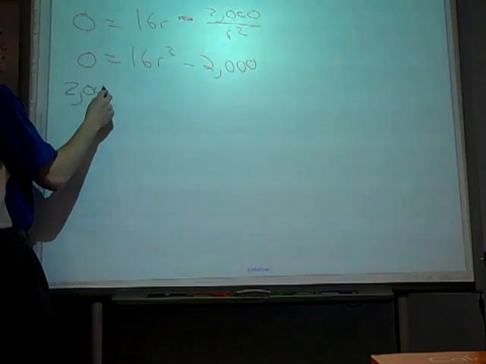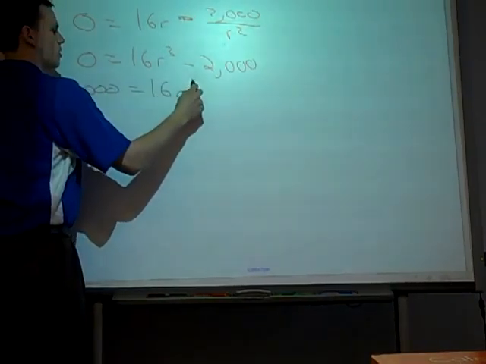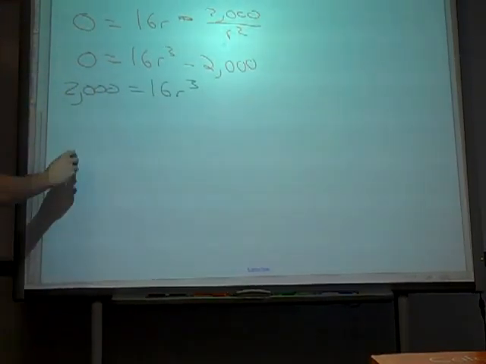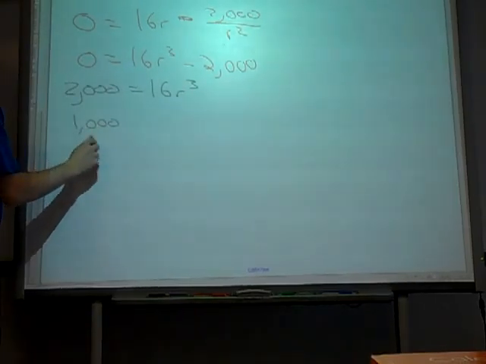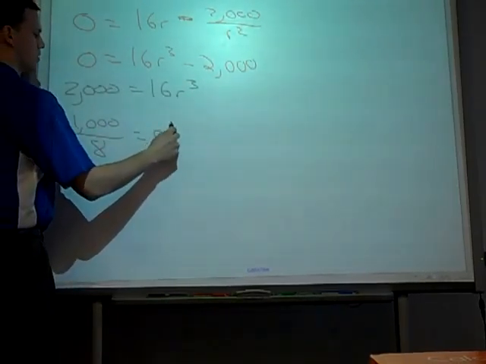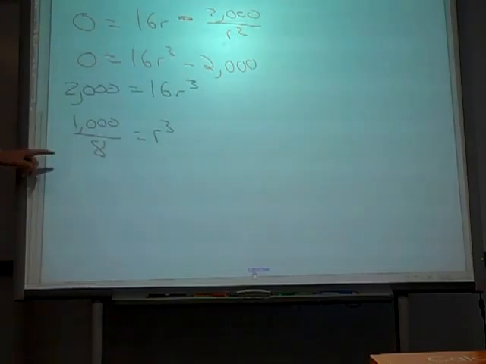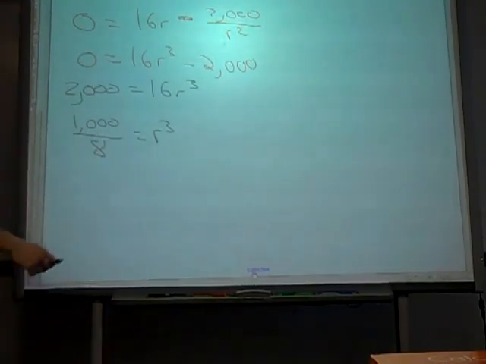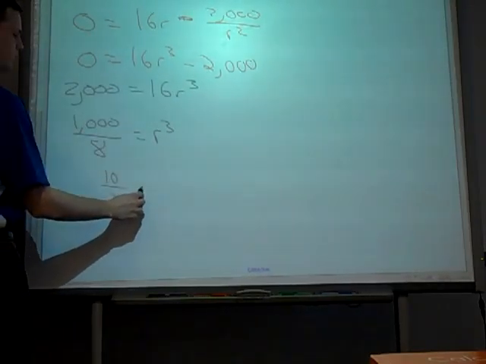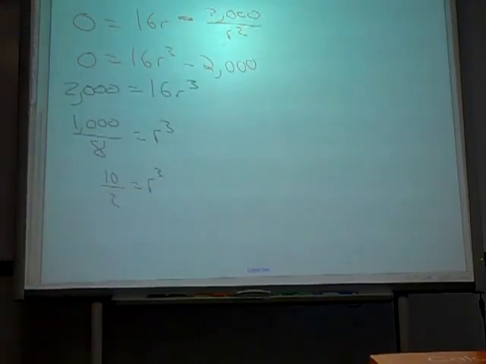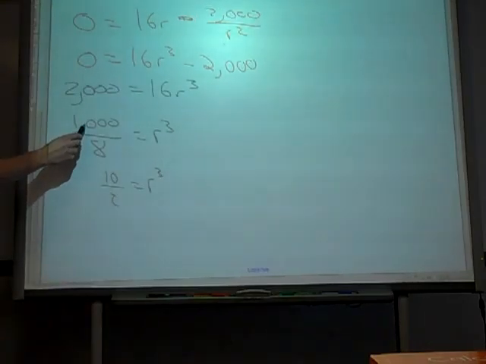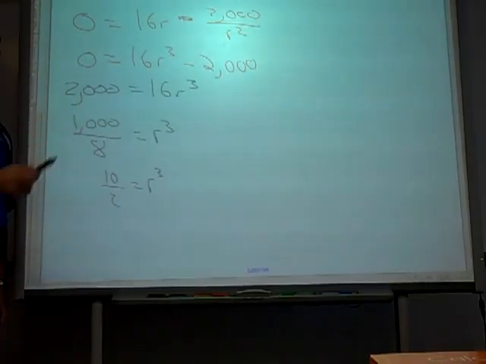So 2000 equals 16r cubed. So 1000 over 8 equals r cubed. And I only divided by 2 because those are perfect cubes. I'm just recognizing it. So 10 over 2 equals r cubed. Just faster than dividing. 1000 divided by 8 is 125, and the cube root of 125 is 5.